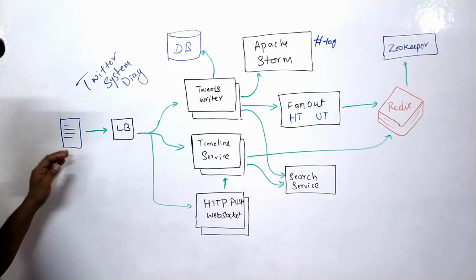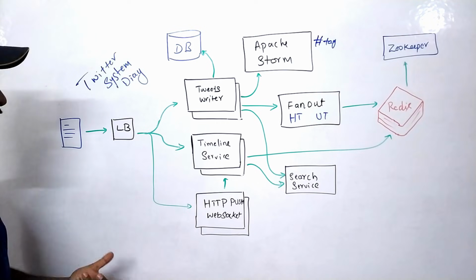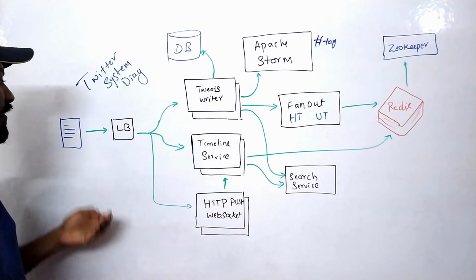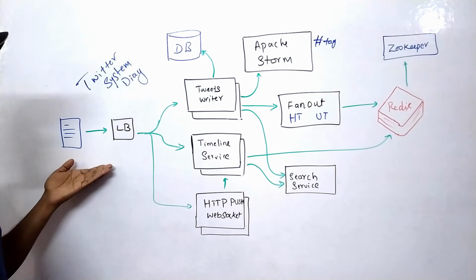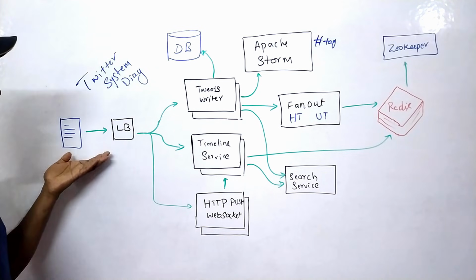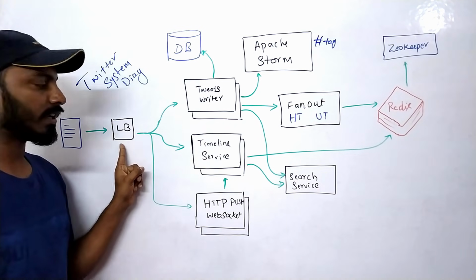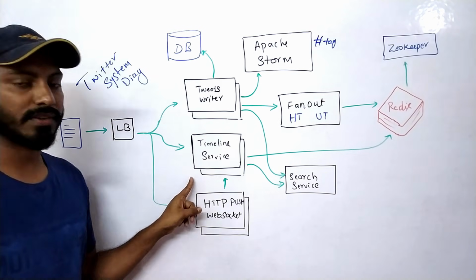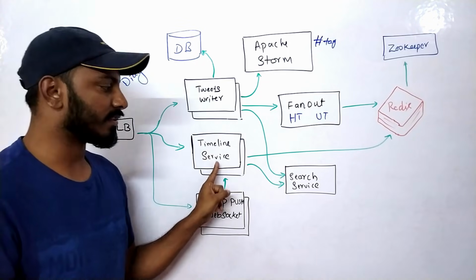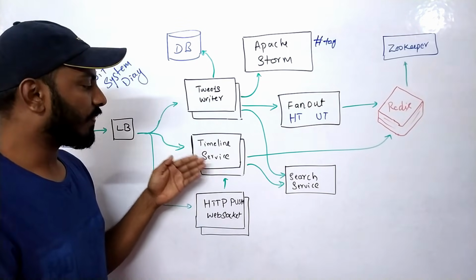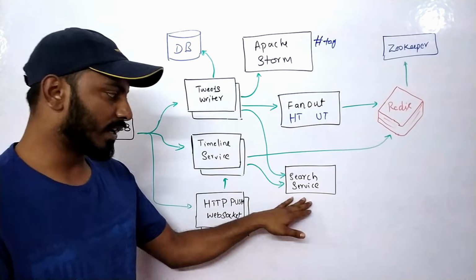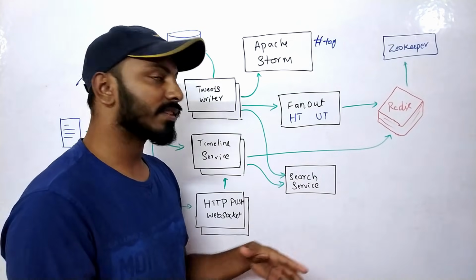When a user searches for some hashtag or some word or keyword from the application, what happens is the search request or the search API call lands on the load balancer, and then the request is forwarded to the timeline service, which in turn transfers the call to the search service. Here, the search service scatters the request.